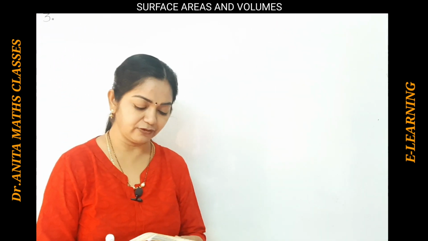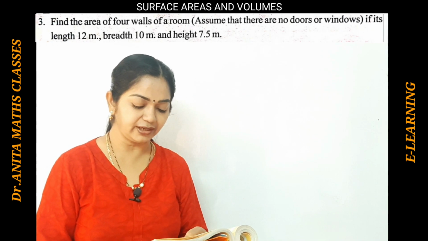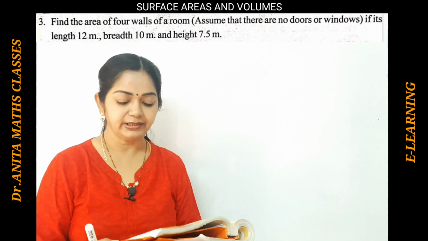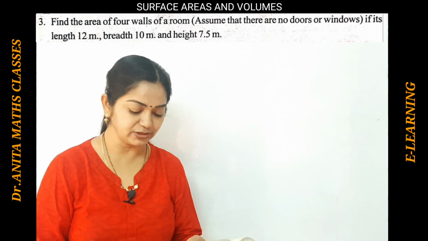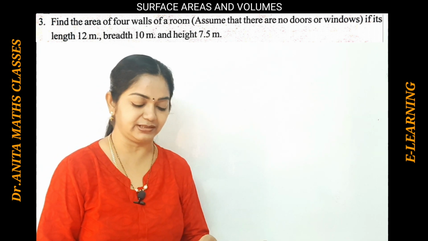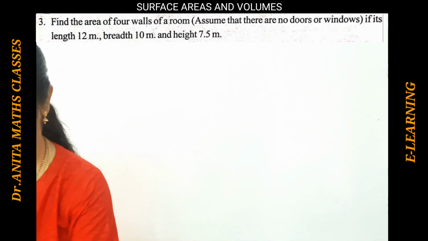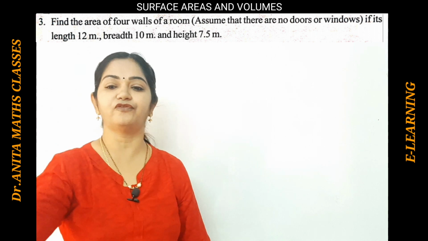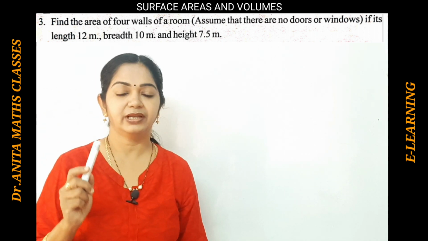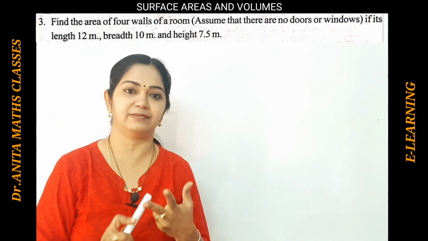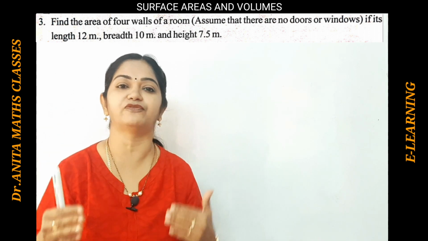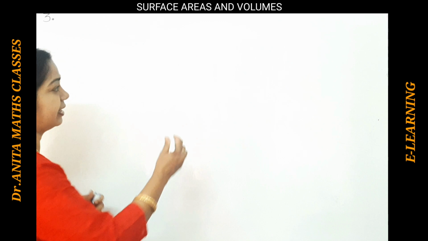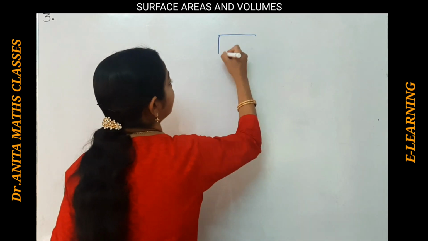The third problem I'll read out for you from the textbook. Find the area of 4 walls of a room. Assume that there are no doors and windows if its length is 12, breadth is 10 and the height is 7.5. So here asked the area of 4 walls of a room. Now given length, breadth and height, that means the room is in the form of a cuboid. Do draw the cuboid.